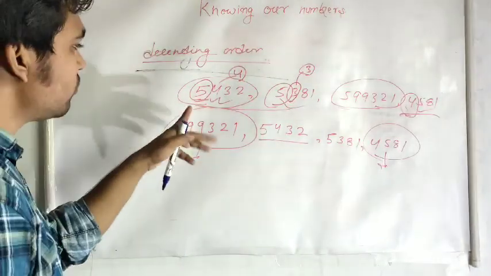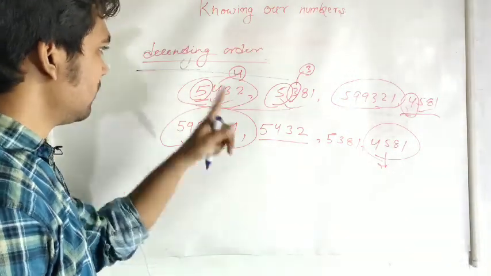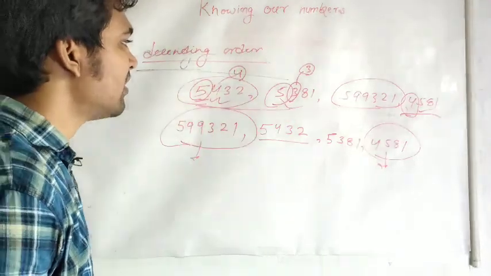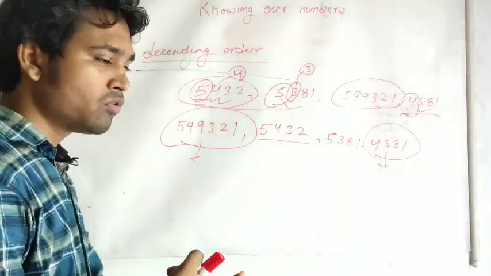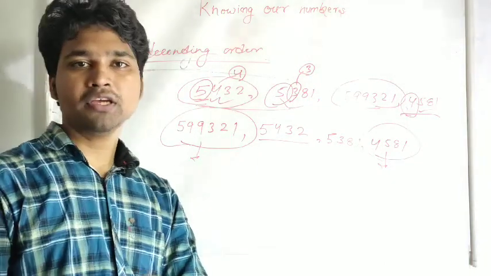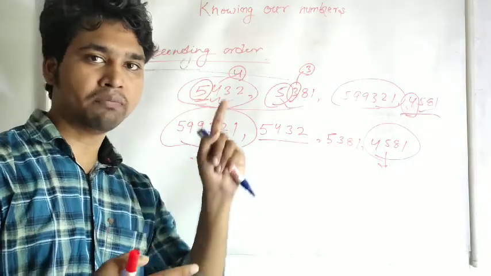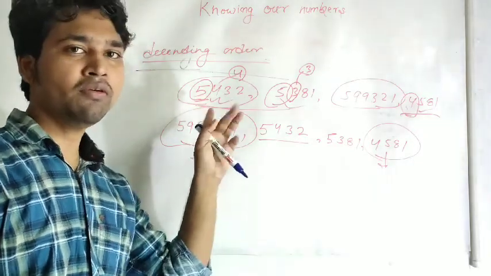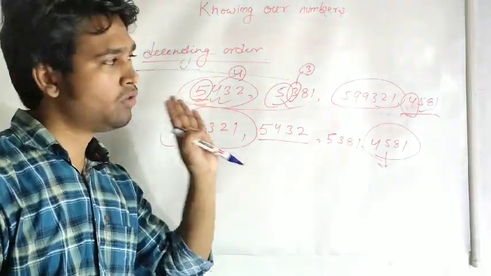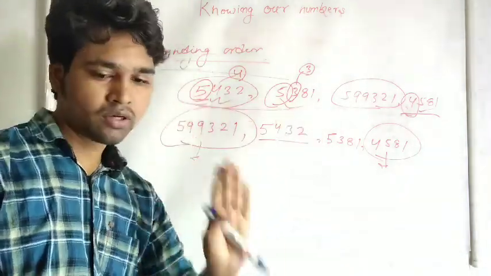So I hope you understand the whole process, and ascending order and descending order also include the comparison, place value and face value method. So you have to learn the previous lecture, then when you watch this video, you will easily understand what is going on with the numbers.